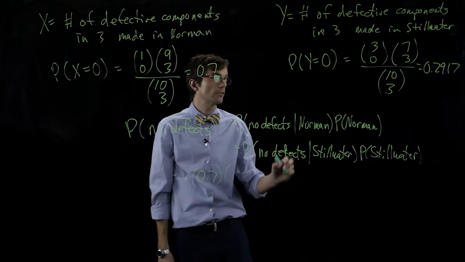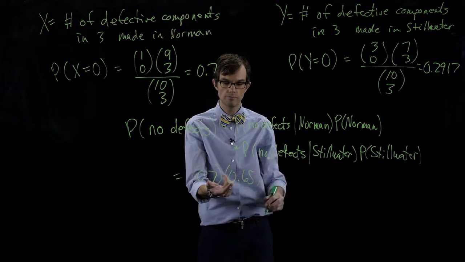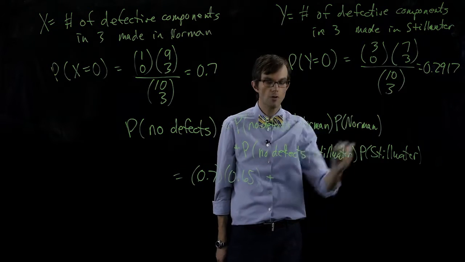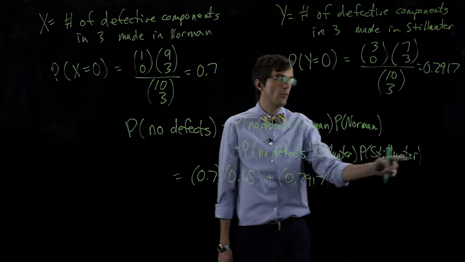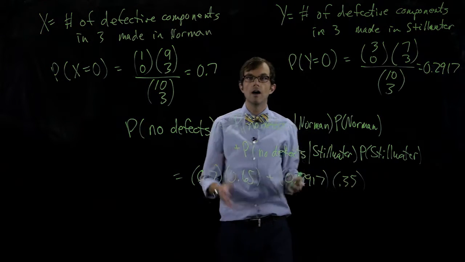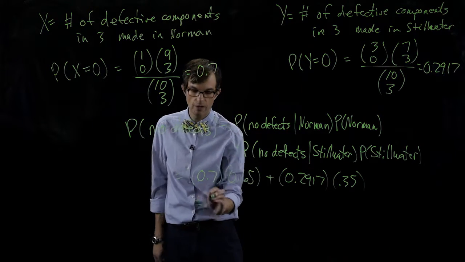So this is 0.7 times 0.65, 65% come from Norman, plus the probability of no defects given Stillwater, 0.2917, times the probability that it came from Stillwater, and there are 35% of batches that come from Stillwater. This is just arithmetic, very straightforward.